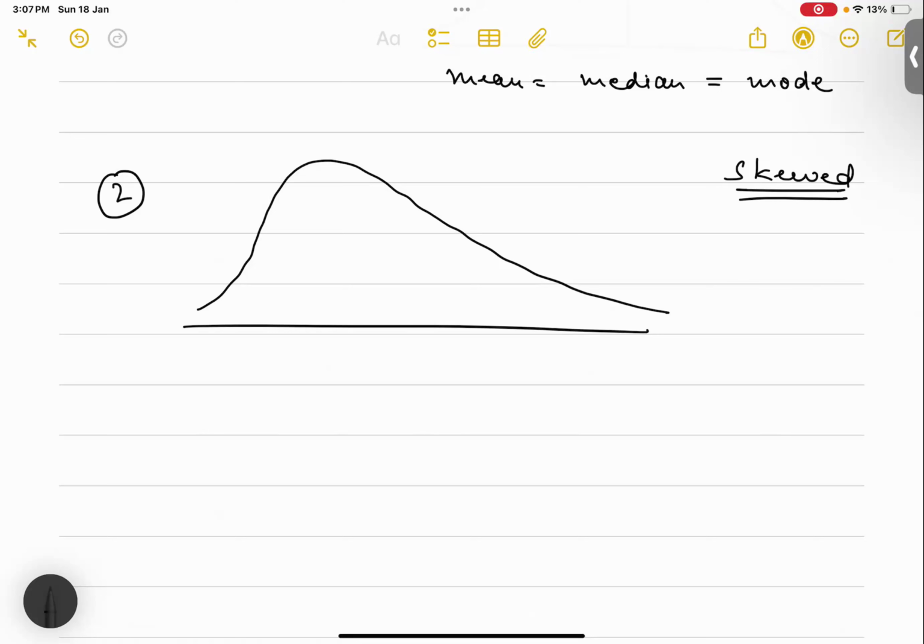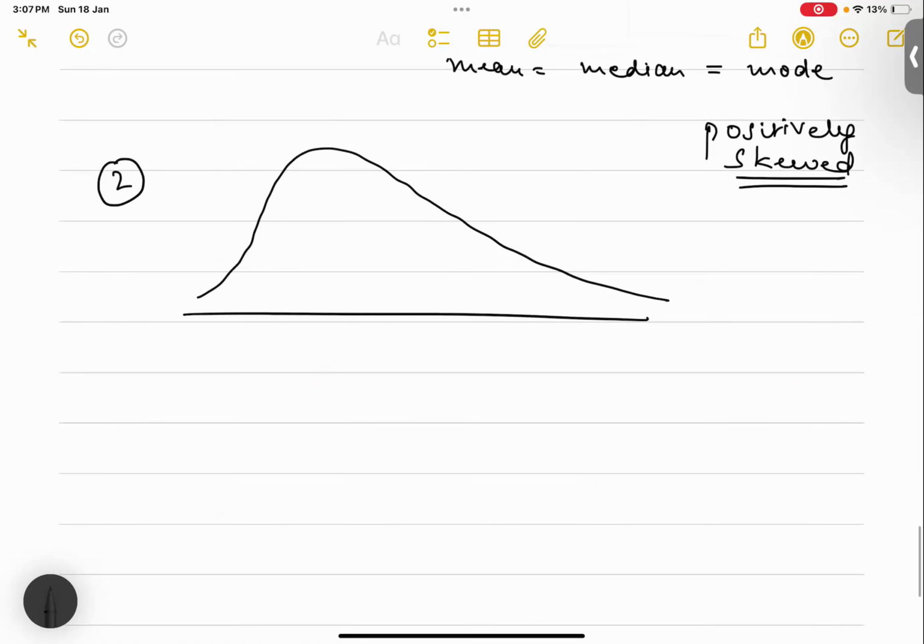Now the second curve is called a positively skewed curve. Draw these three lines.